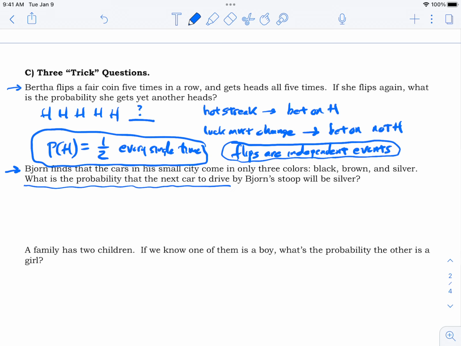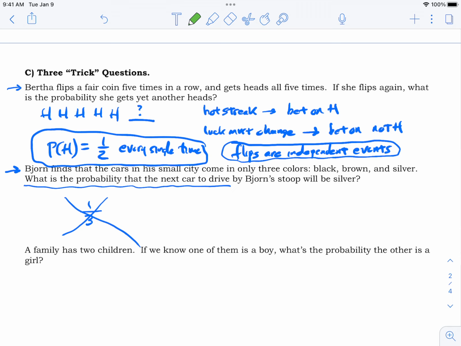Well, I suppose you might say there's 3 colors, right? So silver's only one of them. So it'd be a 1 in 3. No, it wouldn't. We don't know that. I suppose theoretically it's possible, but we don't know that. Do you know why we don't know that? Think back to when we were rolling 2 dice and saying, what's the chance of getting a 7?